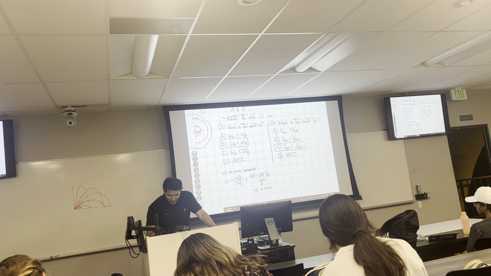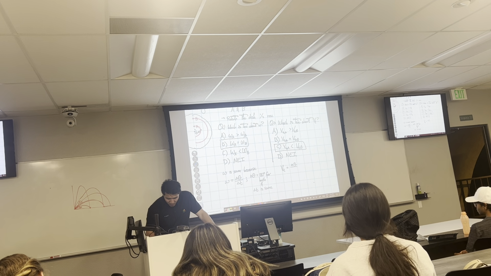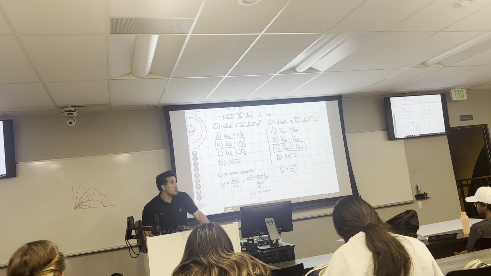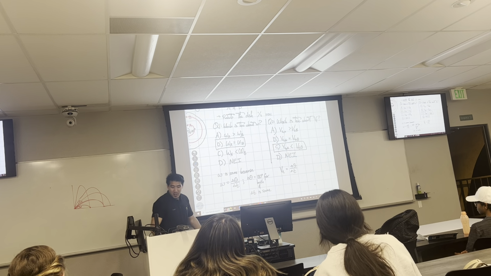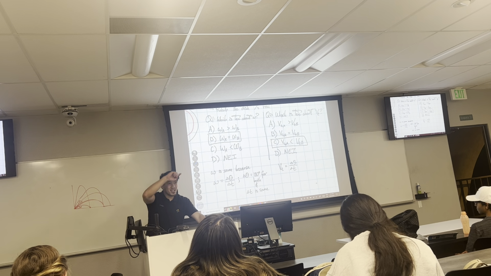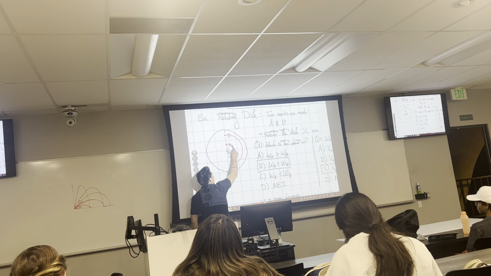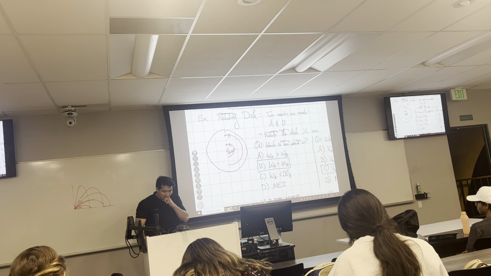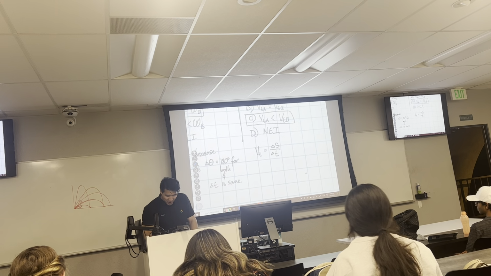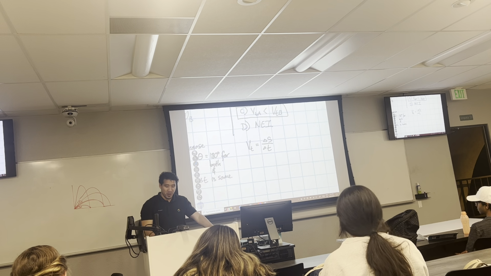Now, why is that? Remember, Vt is delta S over delta T. We already defined that delta T is the same. Delta S is actually the length of the line. Which line is longer? This line or this line? The line for B is much, much longer in the same time frame.